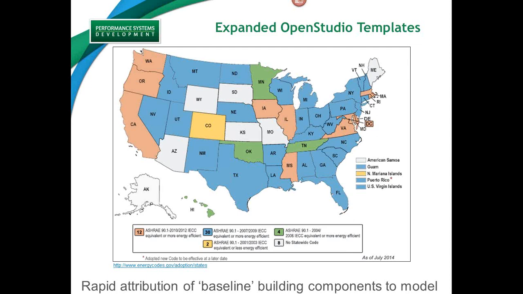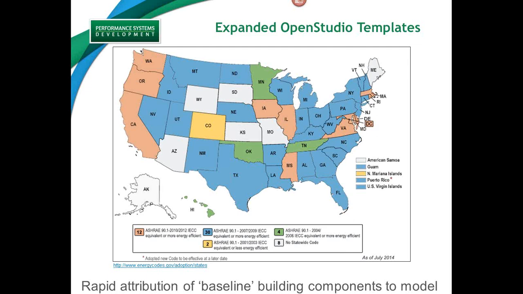So you can see here again a large portion, there's 32 states right now that are referencing ASHRAE 90.1, 2007 or 2010 as the minimum baseline for energy code compliance. So again, we have a large set of the country that is applicable for very rapidly building baseline code compliant buildings, which of course then we want to explore beyond code with.